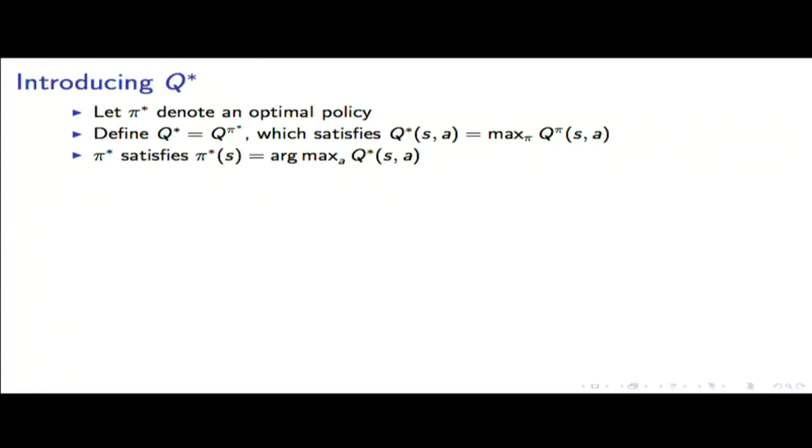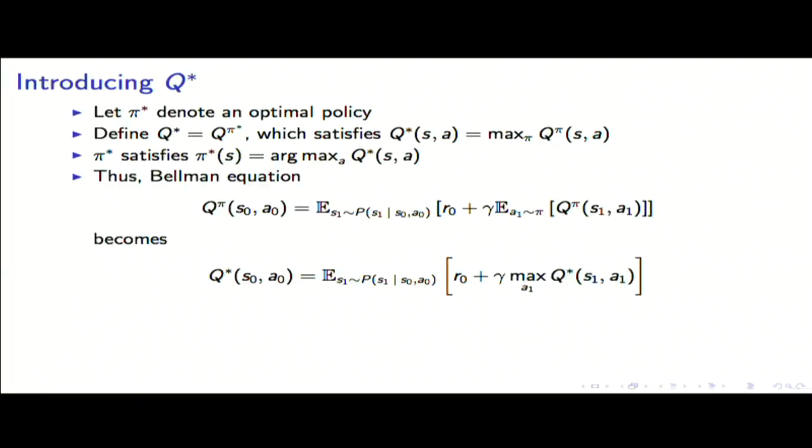By definition, the optimal policy is the argmax of the optimal Q function, because the Q function is telling you the expected returns. The first action you should take is the action that gives you the best expected returns.